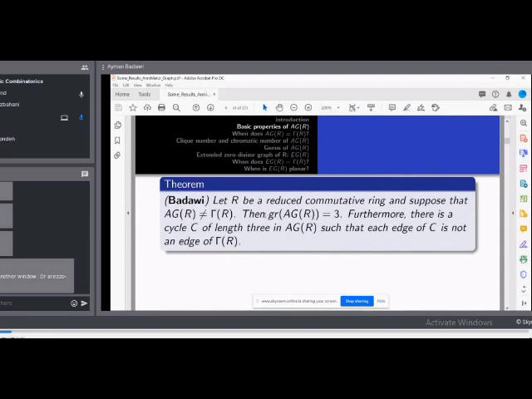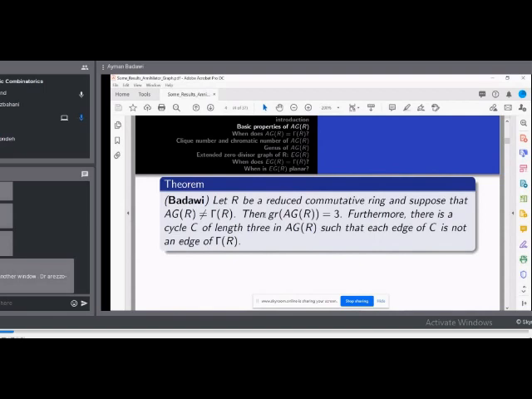Remember that in the annihilator graph, the set of vertices are all zero divisors of the ring, but take away zero. Two vertices x, y are connected by an edge if the annihilator of xy is not equal to the annihilator of x union the annihilator of y.